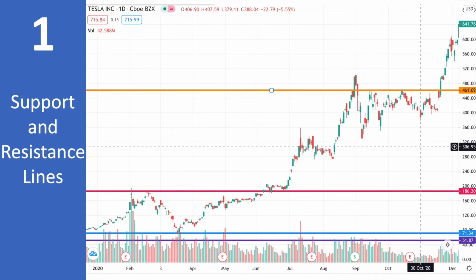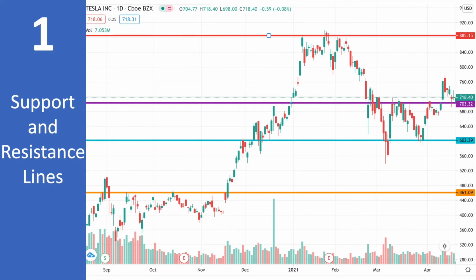So $186 is where we start to see some resistance that then turns into a support line. $460 odd is again where we see some strong resistance with multiple candlesticks hitting those price points. Again, at around $600, at $700, at $885, all of which are support and resistance levels.